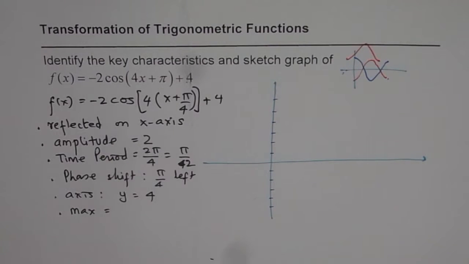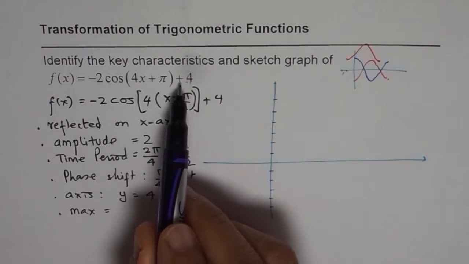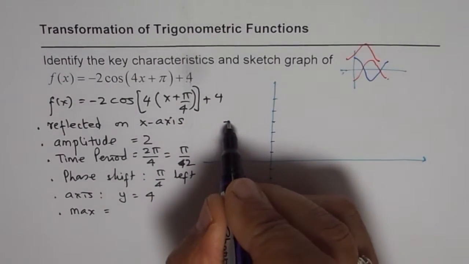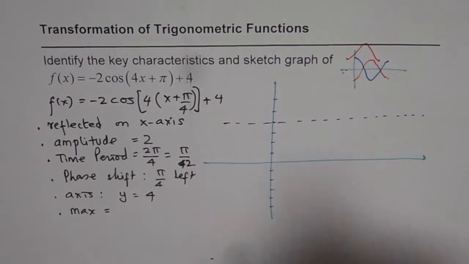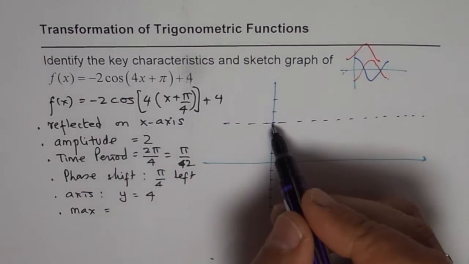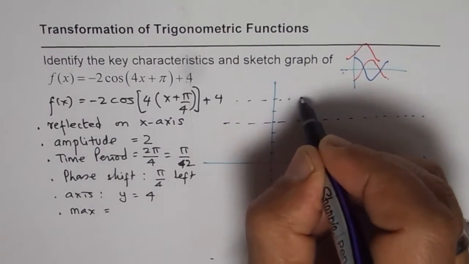So what we will do here now is we will draw the axis, which is at 4. So 1, 2, 3, 4 is the axis. So let me use this part of the graph. So that is 4 for us. It has a maximum amplitude of 2. So from here it can go 2 up. So that could be the maximum.